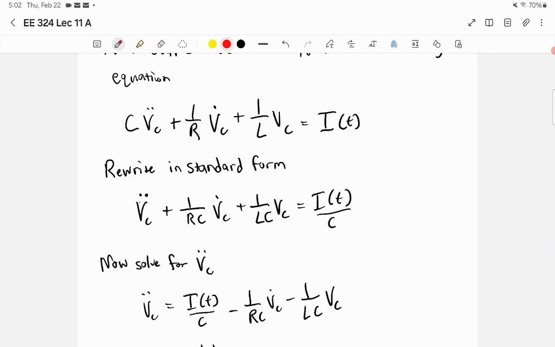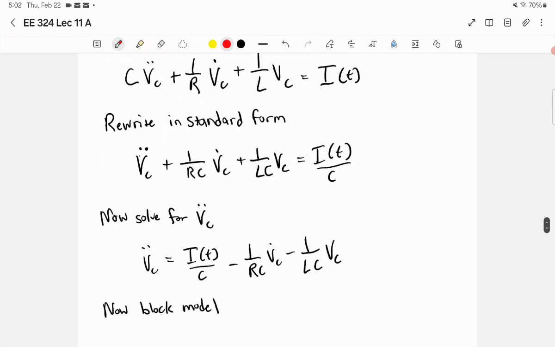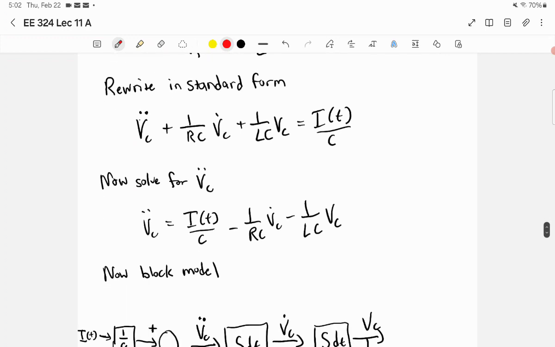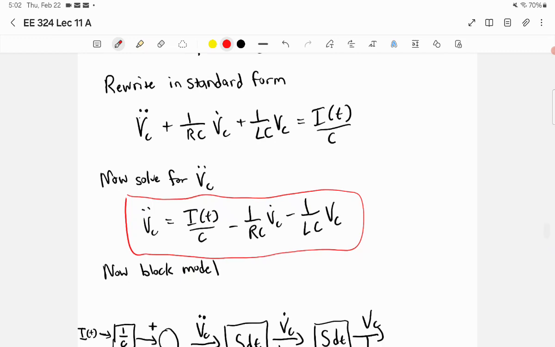Again, not necessarily required, but it makes our lives a little easier. And then let's solve the equation for vc double dot. After we've solved it, we get vc double dot is equal to I of t over C minus 1 over RC times vc dot minus 1 over LC times vc.